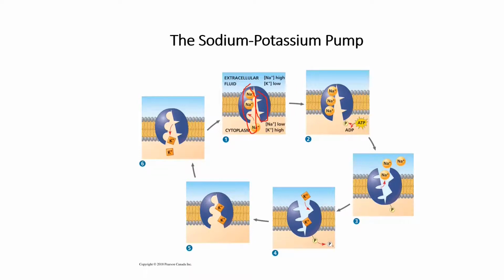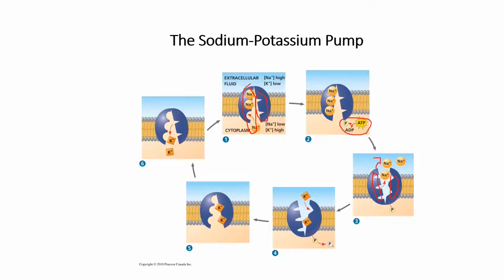Then this triggers ATP consumption, and this leads to a conformational change, and now you have low affinity for sodium, and this leads to a release of sodium, but now you have a high affinity for potassium.